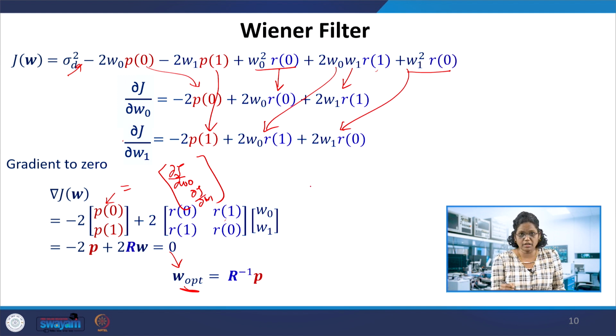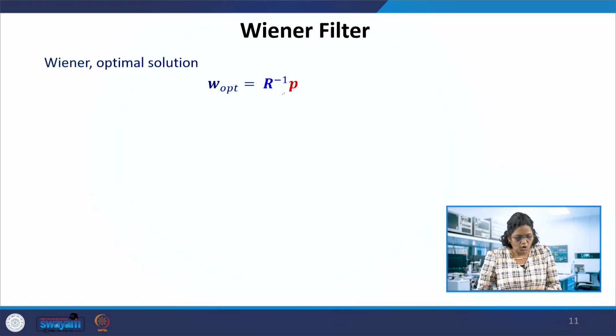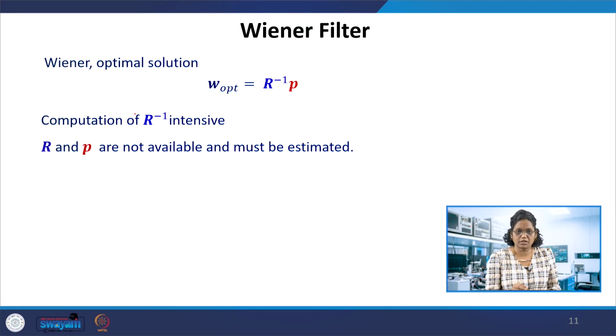So this is the way the Wiener filter works. Computation of this R inverse, the autocorrelation matrix, is becoming intensive, and moreover R and P are not available; they must be estimated from the desired signal and the input signal, the relation between them.